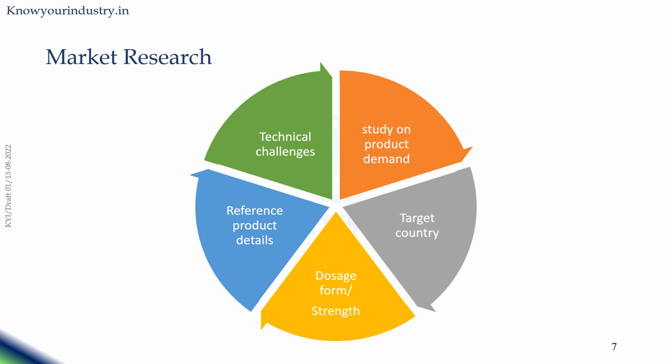So these are the very, very important factors which have to be studied as a part of market research, including the targeted country. Whether you're targeting the United States or the European region or you are targeting the globe. So that's a part of market research.